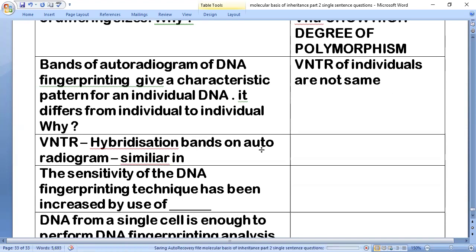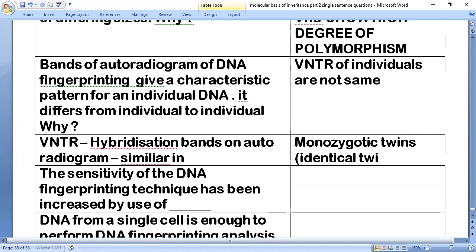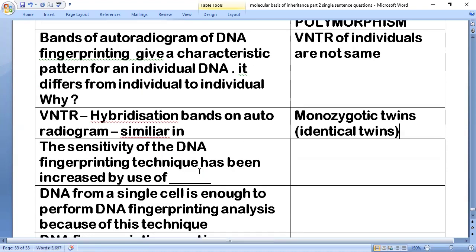VNTR hybridization bands in the autoradiogram are similar at least in monozygotic twins, which we call identical twins. The sensitivity of the DNA fingerprinting technique has been increased by use of the polymerase chain reaction.